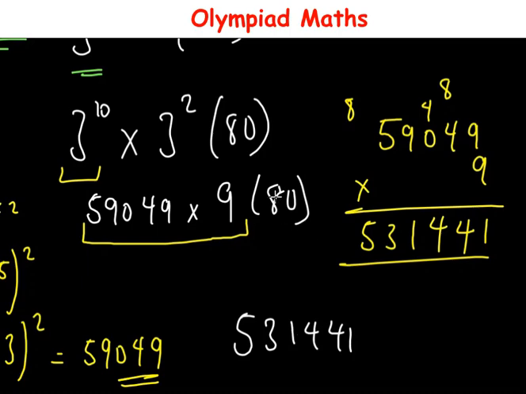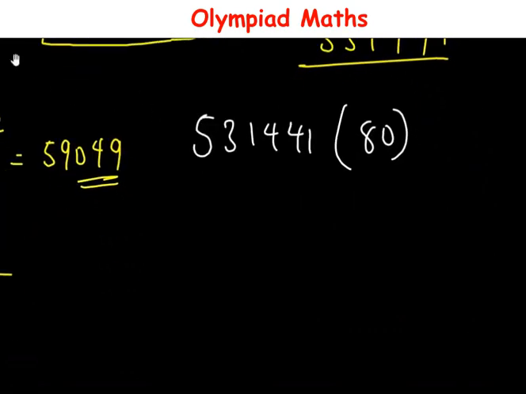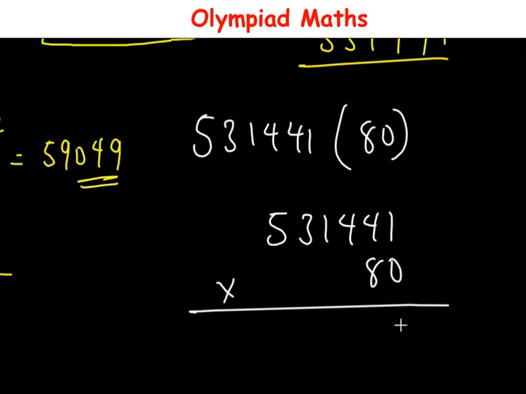The value of this is simply 531441, which we then multiply by 80. 0 times each digit is 0.